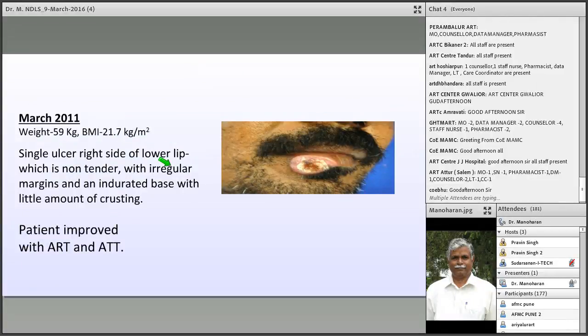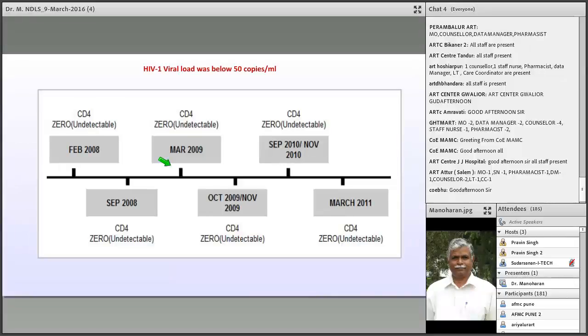So in March 2007 the patient improved well. The ulcer on the right side of the lower lip became non-tender with irregular margin and an indurated base with a little amount of crusting, and the patient improved slowly and steadily, and now he is without the ulcer and is still on antiretroviral therapy.